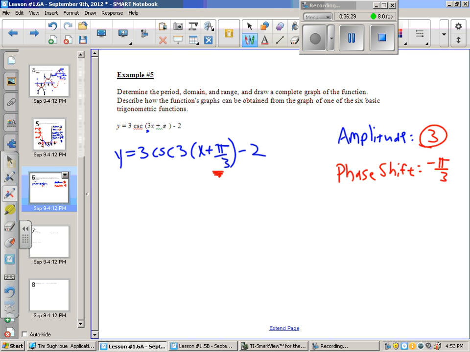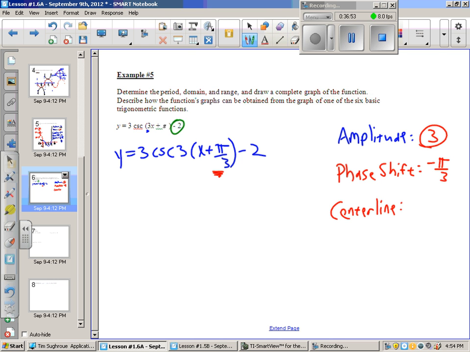We do have a center line, which again is a vertical shift, up or down. The center line is always the number that's on an island by itself. In this case, it's this -2 right here. It has to be a constant that's added or subtracted at the end of the function.